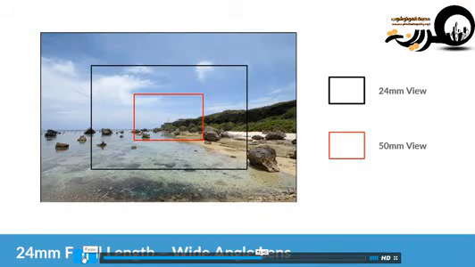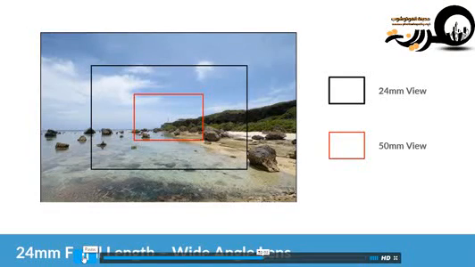Here we have our 24mm wide angle lens. Similarly to the example for the normal lens, this is the image here, again where we're standing on the beach. Remember that anything between 24 and 50 is considered a wide lens.